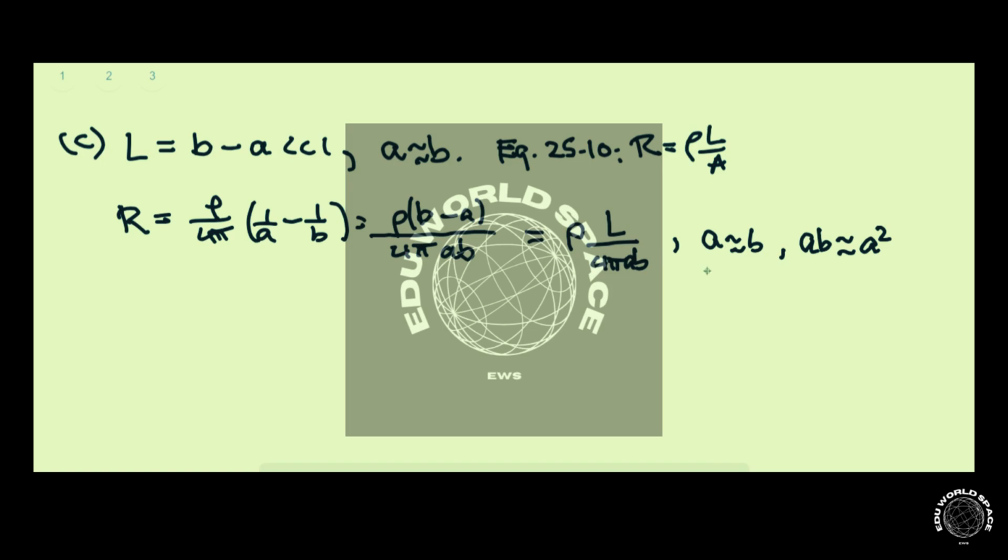The denominator, 4π AB, is about 4π A squared, which is the cross-sectional area of the sphere. So we end up with ρL over A, which is exactly equation 25.10.